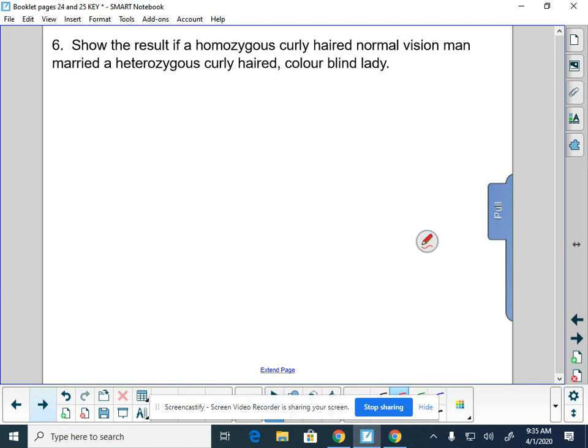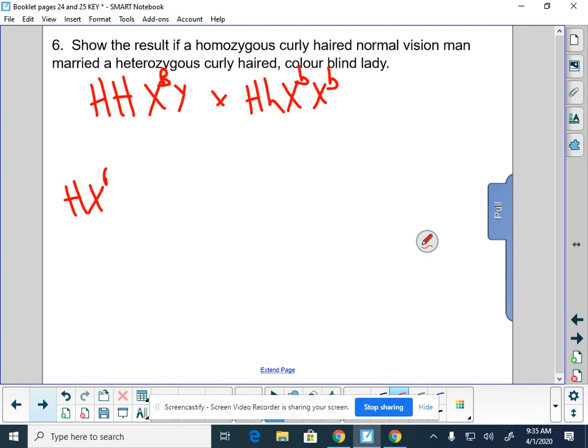So, same legend as last time. Homozygous curly-haired normal vision, crossed with heterozygous curly-haired colorblind lady. There's the 2 possible gametes for the male. There's the 2 possible gametes for the female.